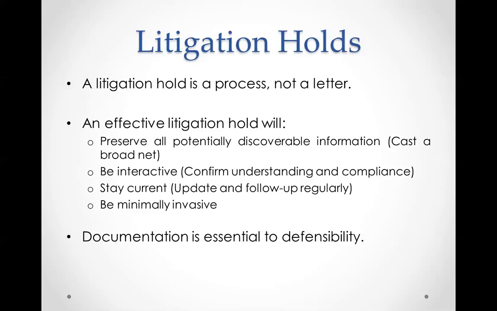And as an attorney, it's your job to understand the case, to see it as an objective observer and figure out what is reasonable in terms of the scope, and make sure that you've cast a broad net, because you're really protecting the client. And the argument to the client is, look, we're not agreeing to produce any of this. What we're doing is internally saying this is what we're going to keep just in case. And obviously, we'll argue that the production is a much narrower subset of this information.